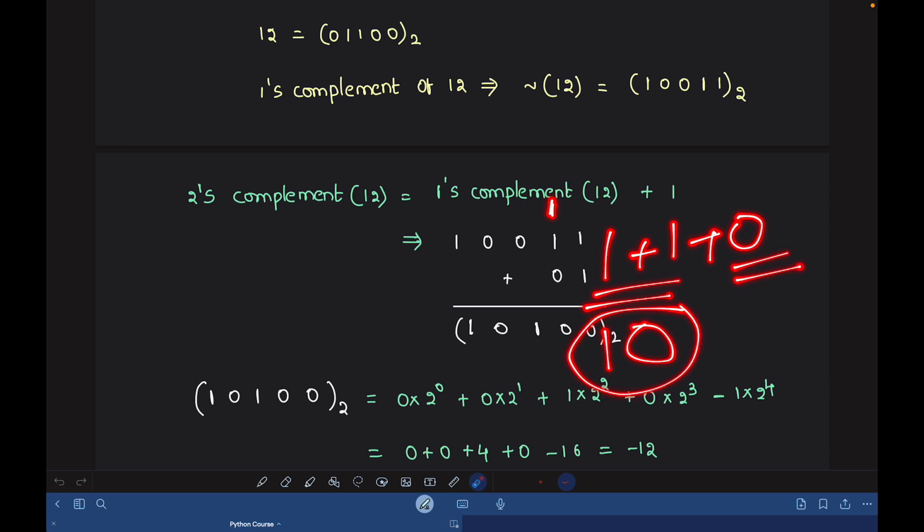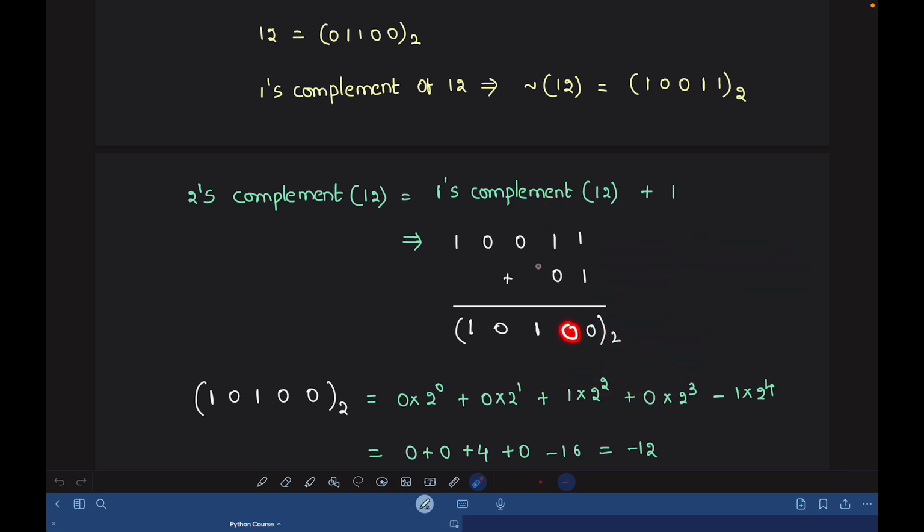So the value will be 10. Again we take the value 0 here and we send the carry here. Now in this position, we add 1 plus 0, the value will be 1 and now there is no carry. Now here we have simply 0, we take the 0 here. Here we have 1, we simply take 1 here. So the value will be 10100.